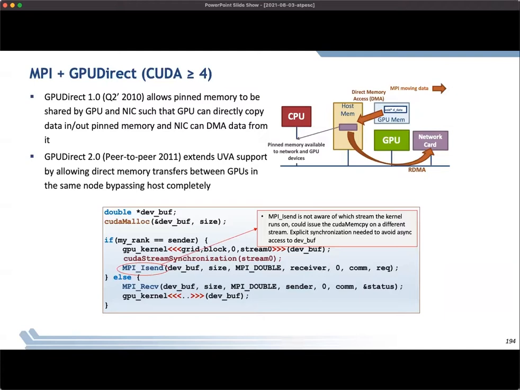But depending on the CUDA library version and the GPU Direct support, internally MPI may have to create a temporary buffer for the data in host memory in order to move the data around.